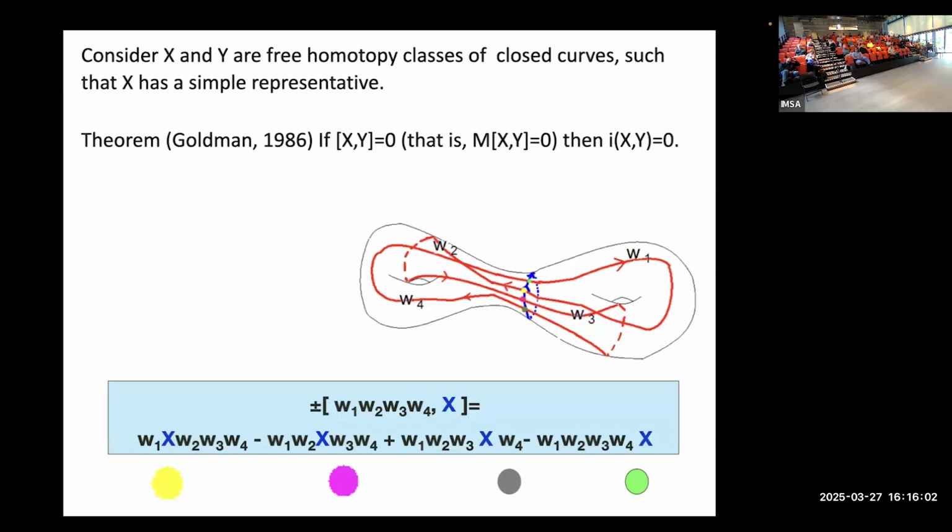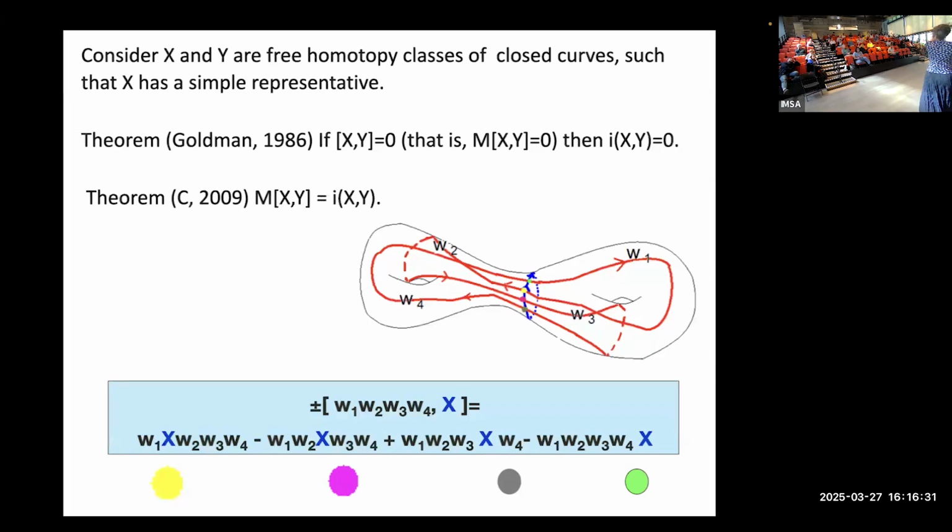And many years ago, I proved that, in fact, if one of the terms is simple, the bracket counts intersection. And the idea is, in this case, you use free products with amalgamation when the curves separate. It's an analogous thing when the curve doesn't.